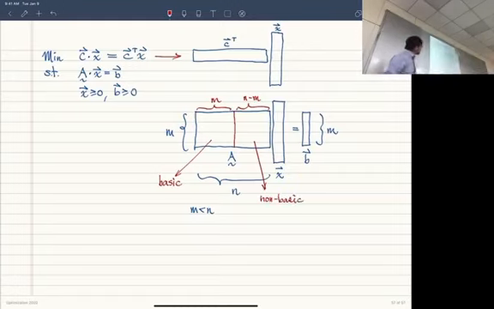Okay, and when we make the cut, we also need to make cuts of our C and also X. Actually, we need to cut everything. So whatever is having the length of n needs to be cut. So over here, I basically cut like this. Here I have m of them. Here I have n minus m of them. So over here, those become x, and we call it xB. So basically, these are so-called the basic variables.